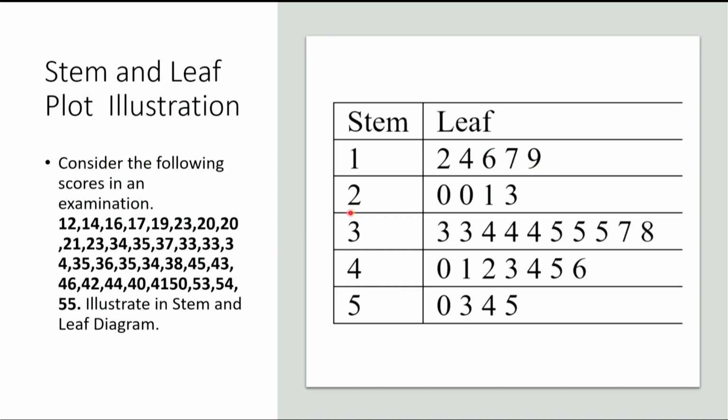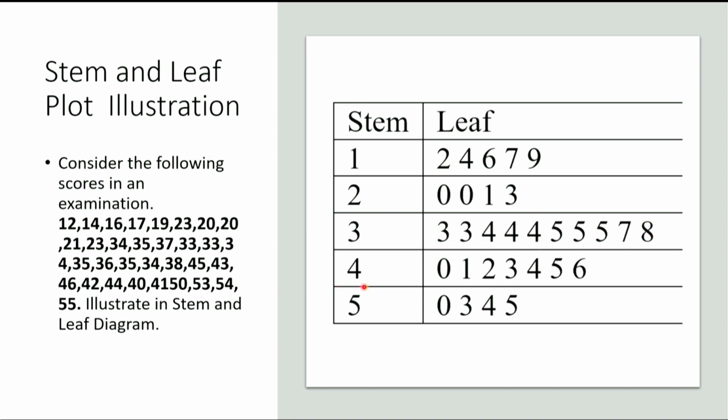Those people that scored between 20 and 29: the first person scored 20, another 20, 21, 23. Between 30 and 38, the first person scored 33, the next person also 33, 34, 34, 34, up to the last one, which is 38.